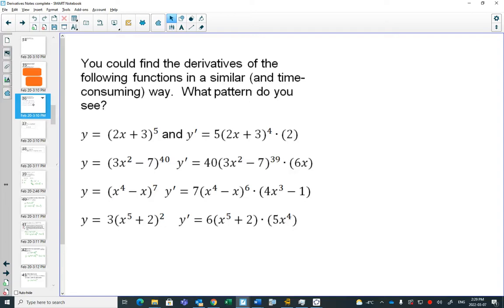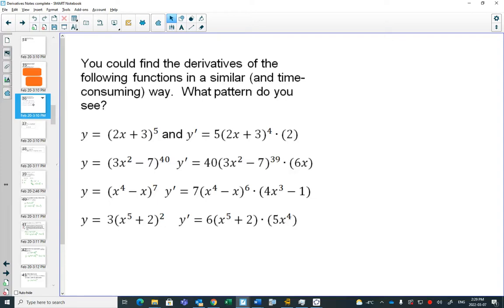And the third one here seems to match that idea of our power rule happening, but then there's a whole bunch of extra stuff at the end. So our goal is to try to figure out and look at this to see if you can see the pattern.